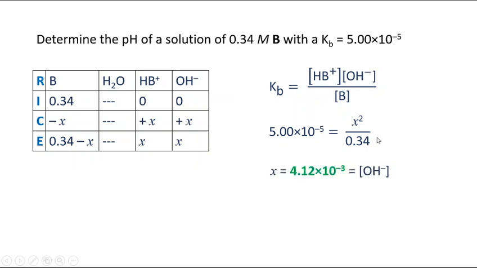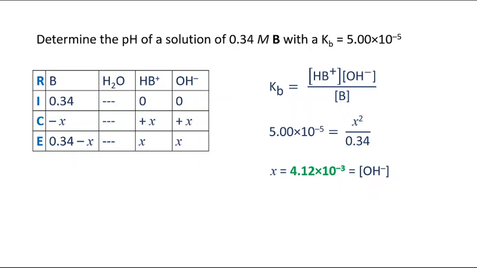Whenever you go through and solve for this, I end up with x equals 4.12 times 10 to the negative 3. That x is the concentration of our hydroxide. Great thing for us, the same fancy equation that we use for pH also works for pOH.